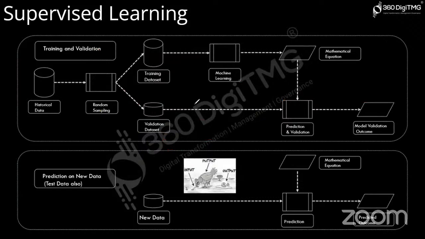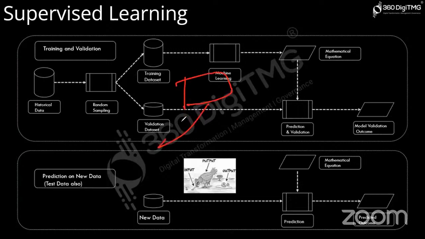Whenever you are tuning the model, you don't know at which parameter it will perform better, so you have to keep changing the parameters. In that process, data leakage might happen while doing the hyperparameter testing. To avoid that, we will be using a validation data set.